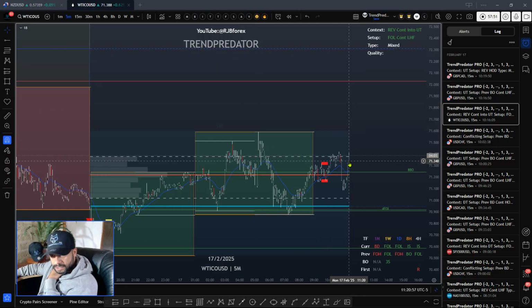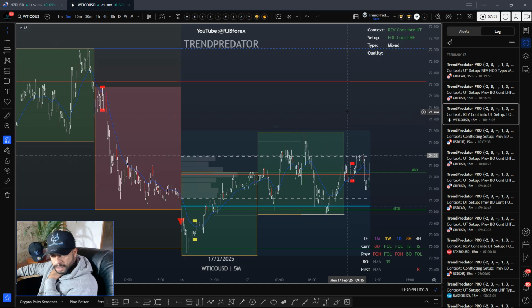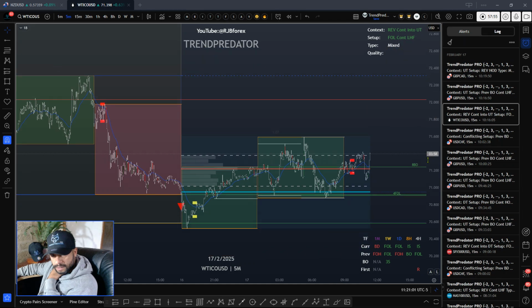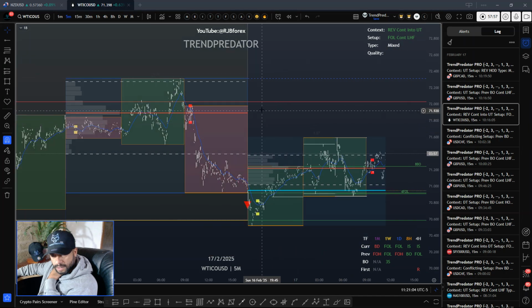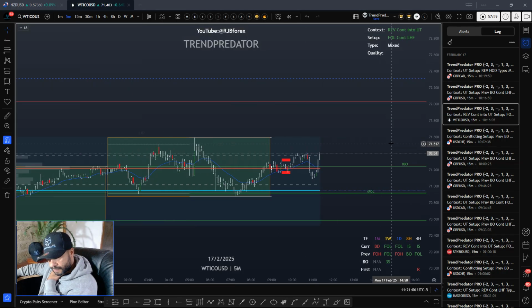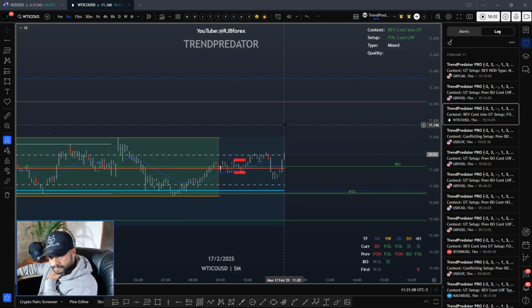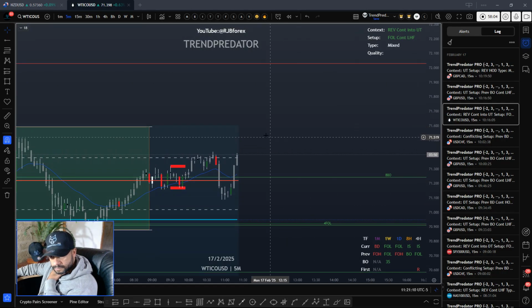What would we be targeting? Naked point control. So this here was the 11:15 candle that opened.